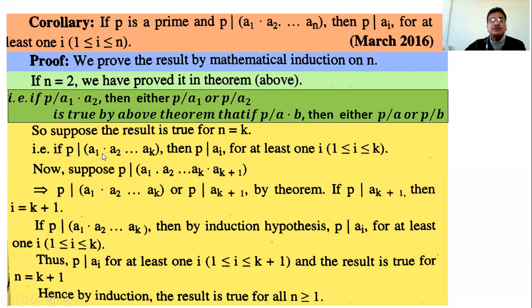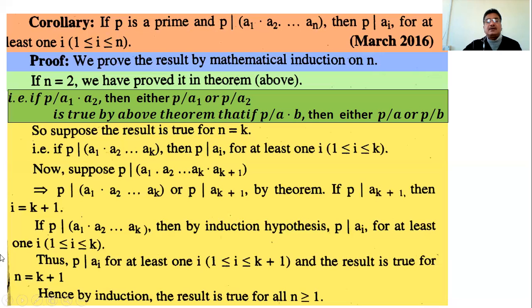Then by the induction hypothesis, P divides Ai for at least one i running from 1 to k. Combining these two statements, P divides Ai for at least one i running from 1 to k plus 1.